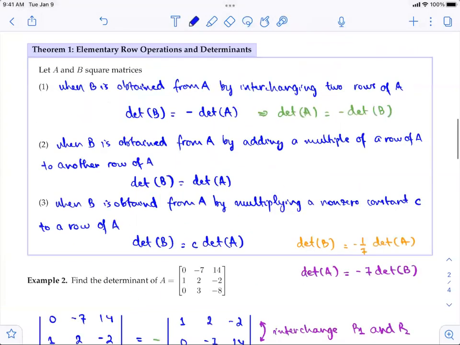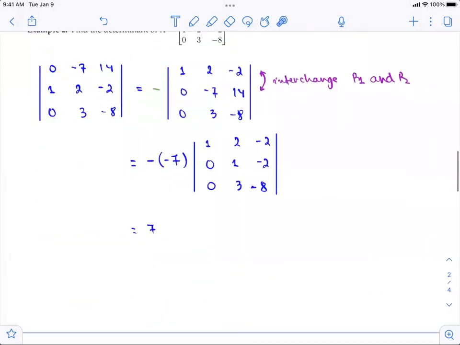So when you add a multiple of a row of A to another row of A, then the determinant of the new matrix is equal to the determinant of the original matrix. So there's nothing change in the determinant. It's just that the calculations will be different. So I'm going to have the change in the third row.